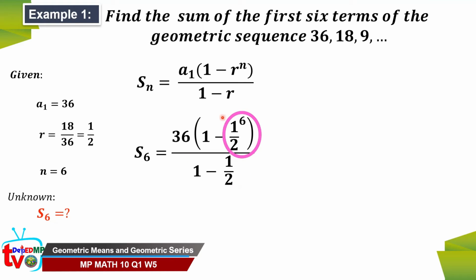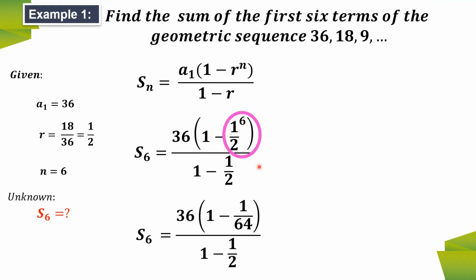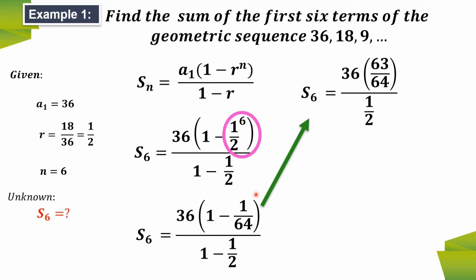We need to simplify first the exponential expression in the enclosed quantity. So 1/2 raised to 6 is 1 over 64. We are now ready to do the other operations in the equation, resulting to S sub 6 equals 36 times the quantity of 63 over 64 divided by 1/2.